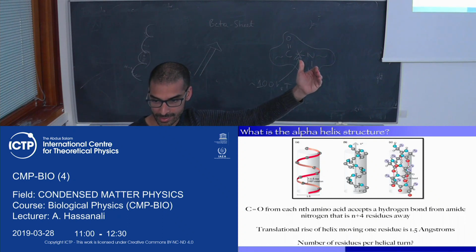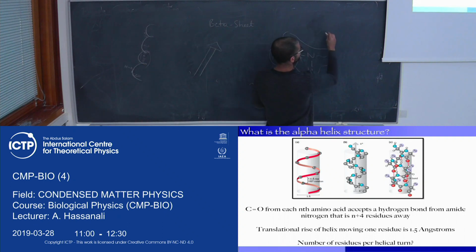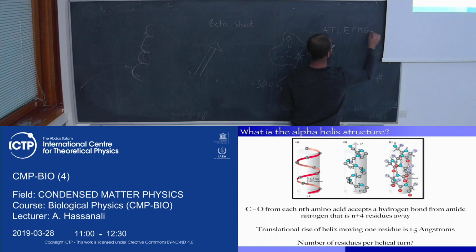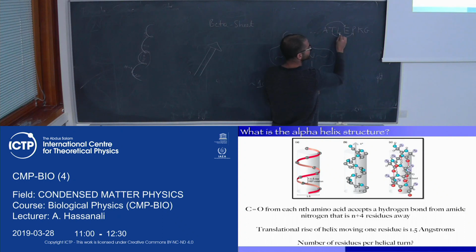Okay, so I have a sequence of amino acids, A, T, L, E, P, K, G, etc. Remember, these are symbols for the different amino acids. This thing will coil up, and when it coils up, on average, this forms interactions with that, this forms interactions with that, this forms interactions with that.